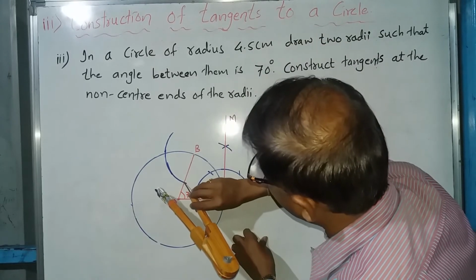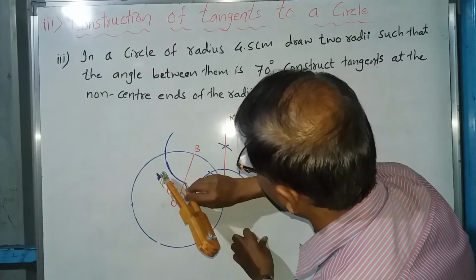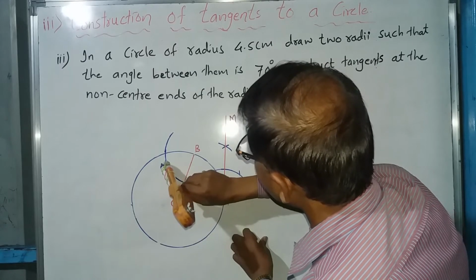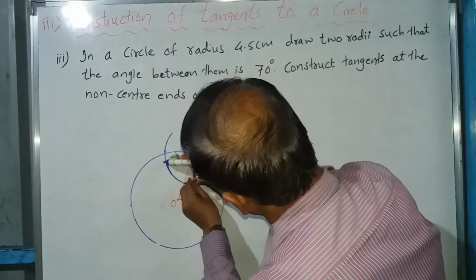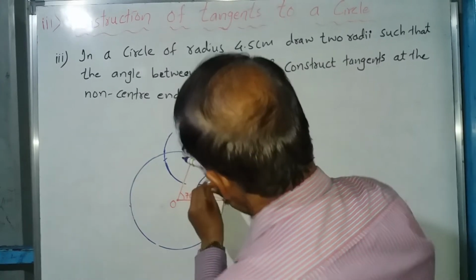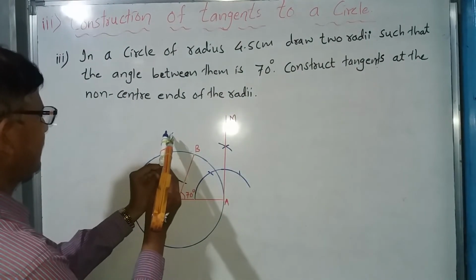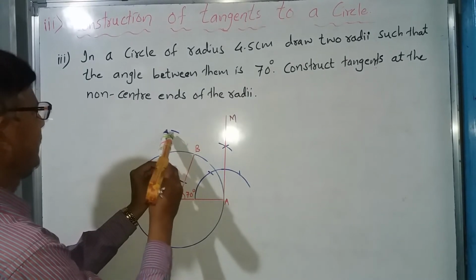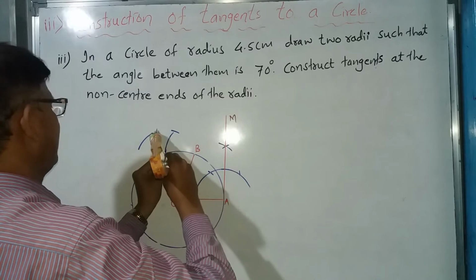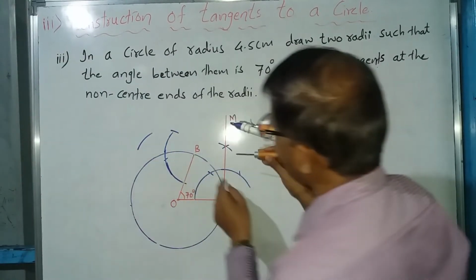After that, same procedure again. Keep the compass here. Mark two arcs, one and another here. Okay, both are cut here. Actually, this semicircle has become shorter.